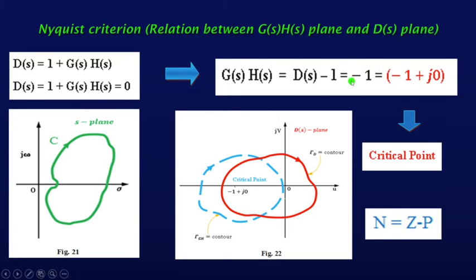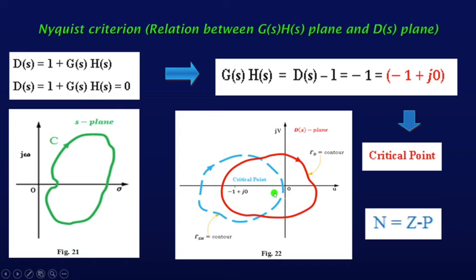So minus 1, that means consider minus 1 plus J0. Contour gamma D in the DS plane can be mapped into GSHS plane. Gamma GSHS, this closed contour is shifted horizontally to the left by 1 unit.